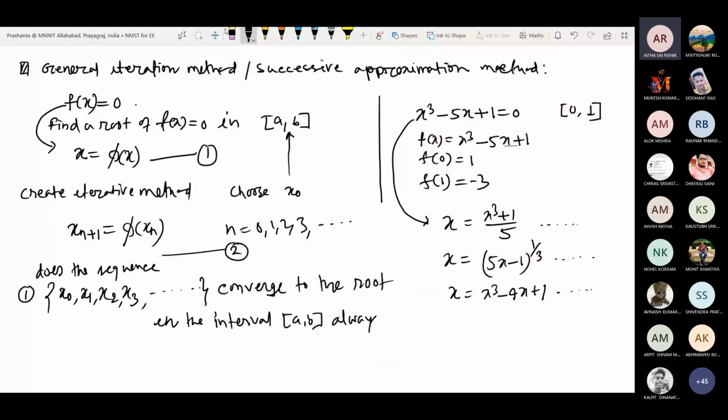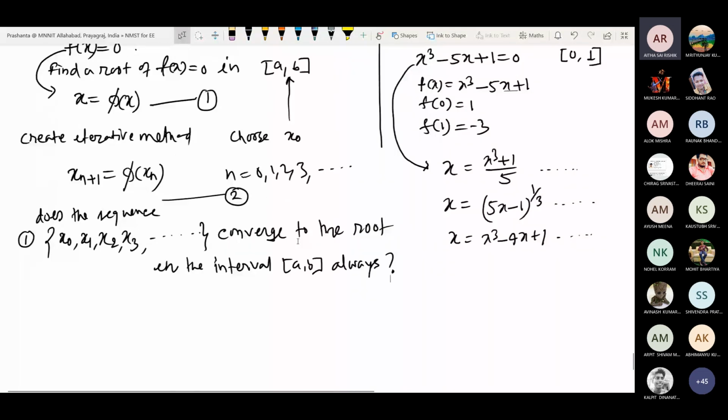That is the first question. And if the answer to the first question is no, then how to choose the function phi? How to choose a proper phi, function phi of x, such that the sequence will converge to the root?